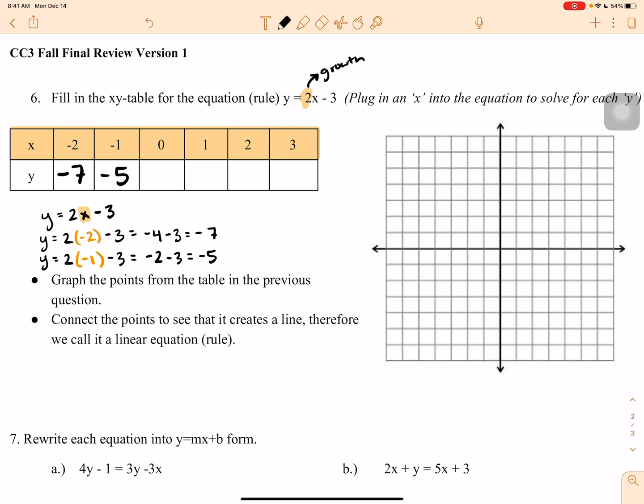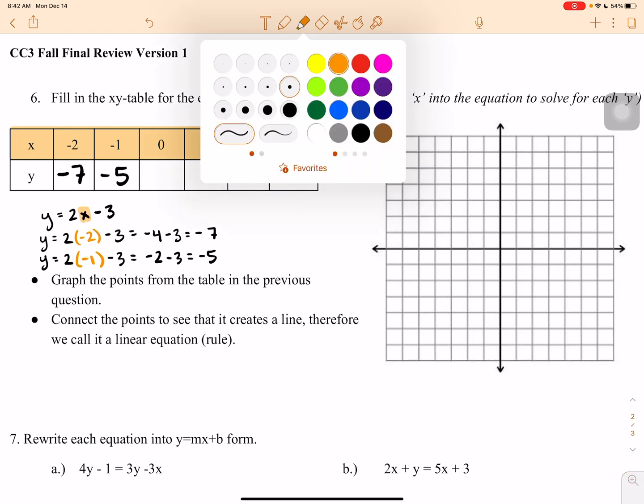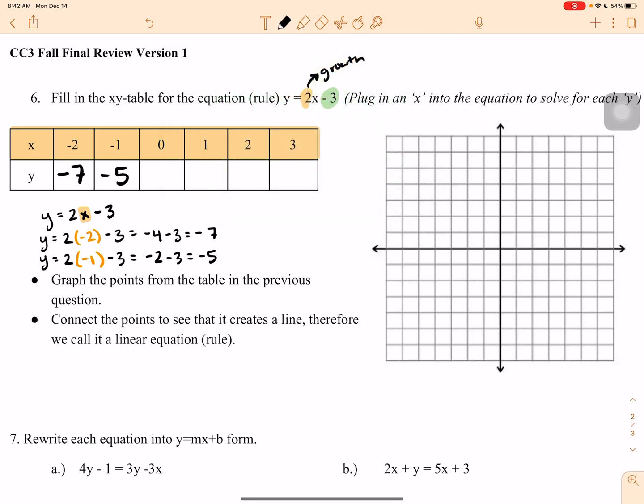And also this one right here, the -3, that is my starting point or my y-intercept, which is where x equals 0. So I know that right here at 0.